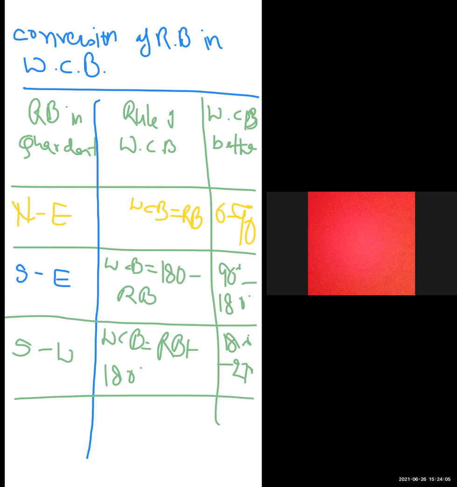Similarly, if RV is in the northwest coordinate, then the WCB angle is equal to 360 minus RV, and this value is between 270 and 360.